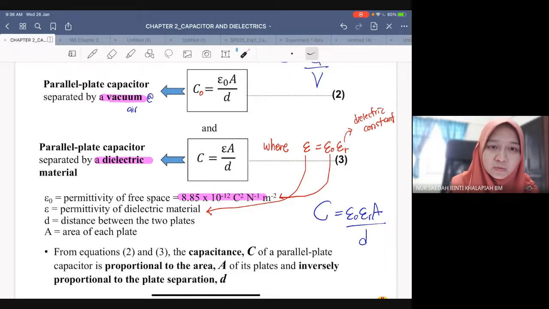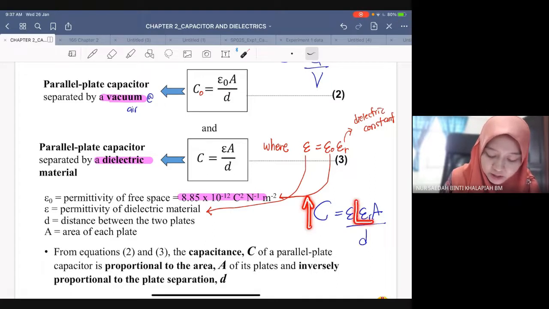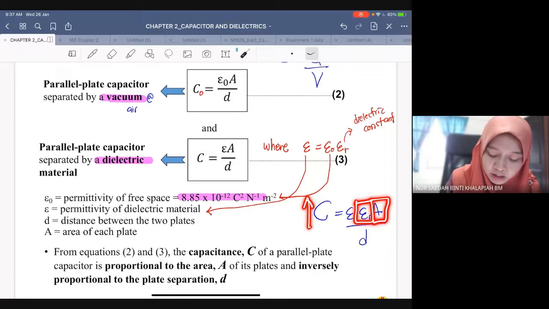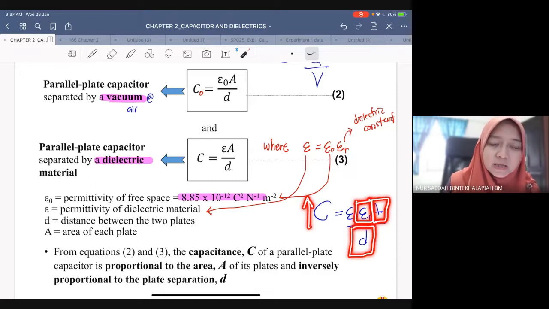Okay, so by the way, ada 3 cara untuk increasekan the capacitance. The first one is putting dielectrics. Kedua, increase the area of the plates of capacitor. Ketiga, decrease the distance between two plates of capacitor.